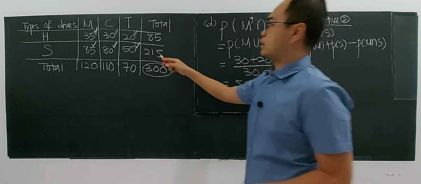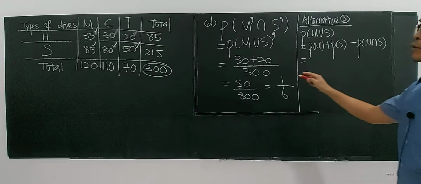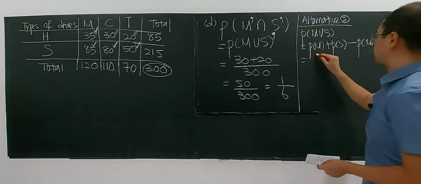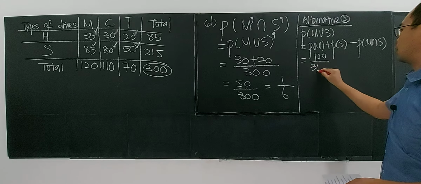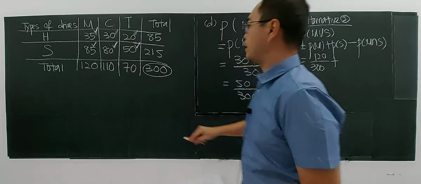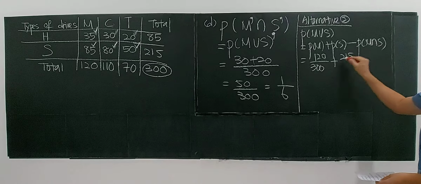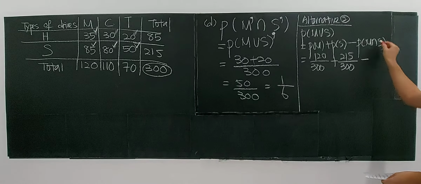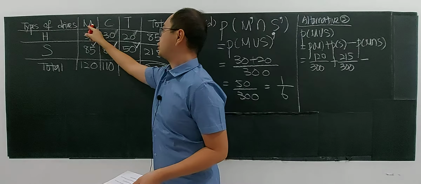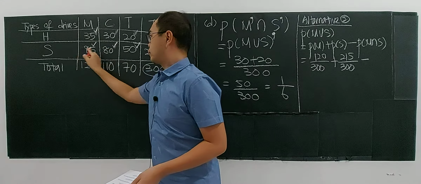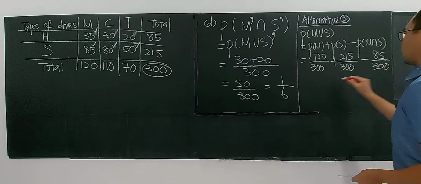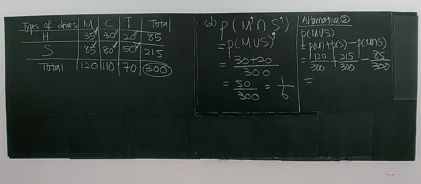Manufactured in Malaysia we have 120, so 120 over 300, plus SSD, which has 215, so 215 over 300, minus Malaysia and SSD drive, which is 85, so 85 over 300. If you calculate, you get the result.